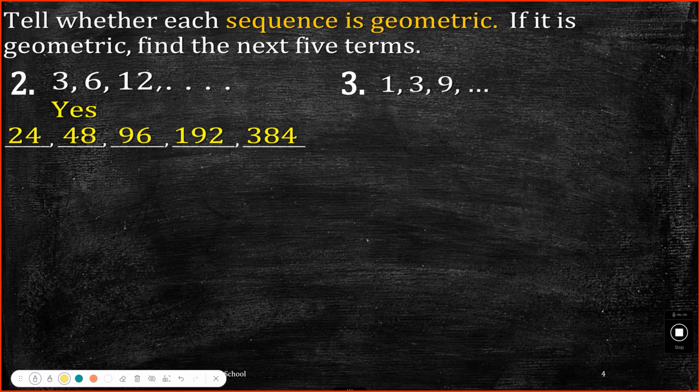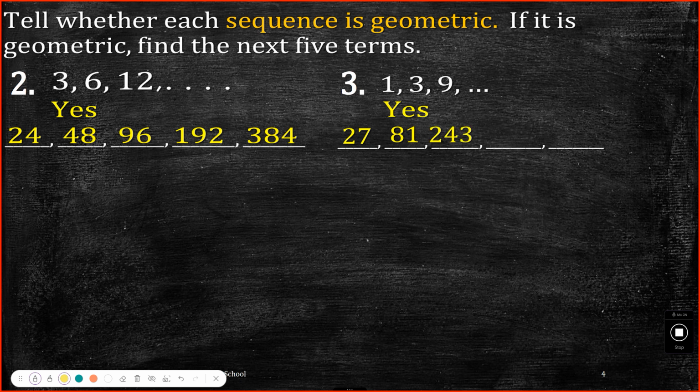Is this a geometric sequence? Yes or no? Why is it a yes? We're multiplying by 3 to get the next number in that sequence. So it's a yes. 27. What's the next number? 81. Next number. 243.